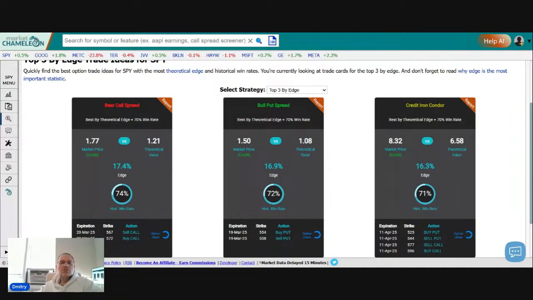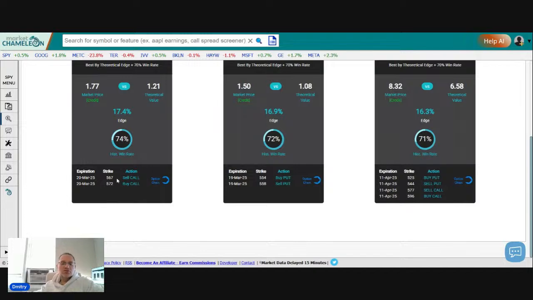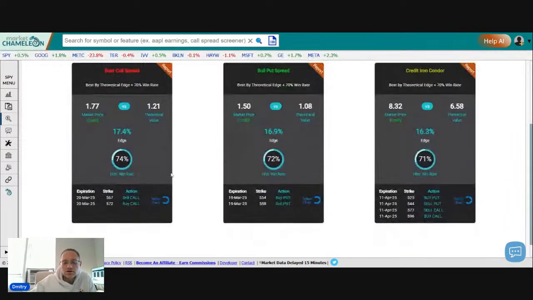So the strategy here, the bear call spread, involves, down here, you could see, selling the March 20th expiration on the 567 strike, and buying the March 20th 572 strike. Within this trade card, what we see is that's a bear call spread. If we come up here, we see that this is an upside call spread.